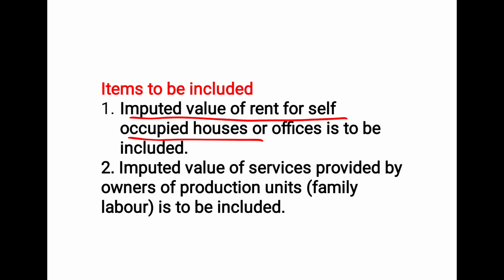So that income has to be included in the income method. Second one, imputed values of services provided by owners of a production unit, like family members working together in a particular unit at home. Even that part of the income has to be included in the income method.